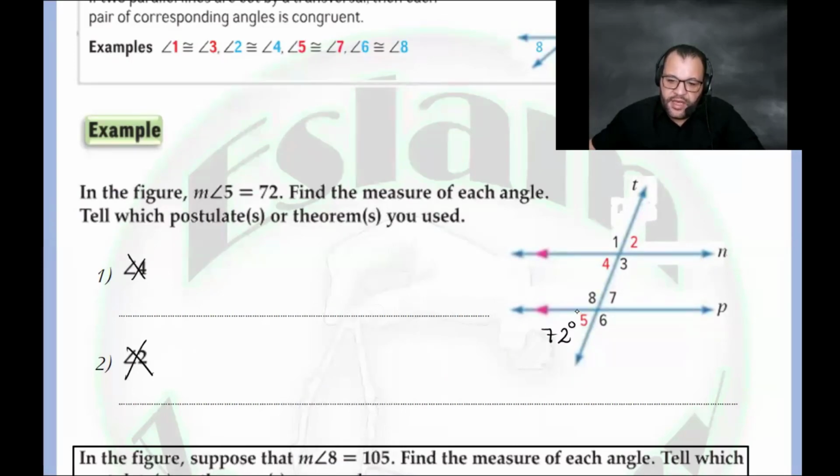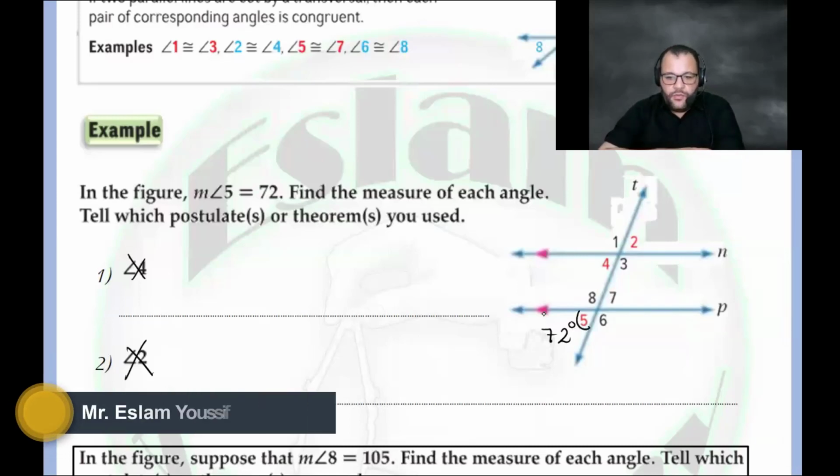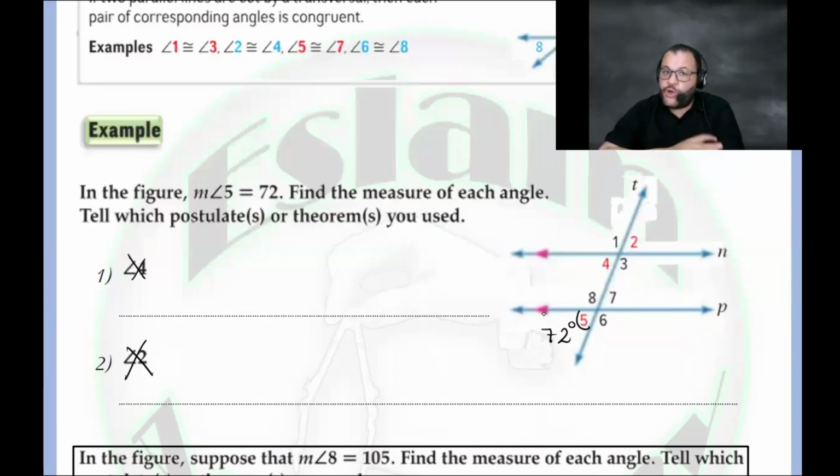Okay. The missing angles. We know that the measure of angle 5 is 72. Angle 7 is 72 too. How do you know that the measure of angle 7 is 72?